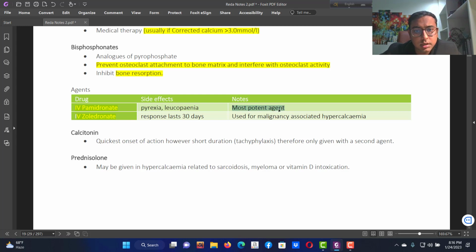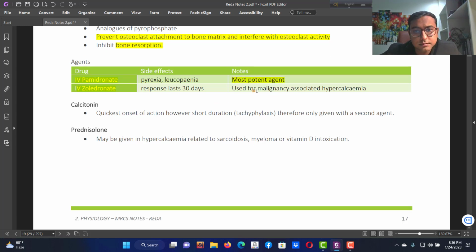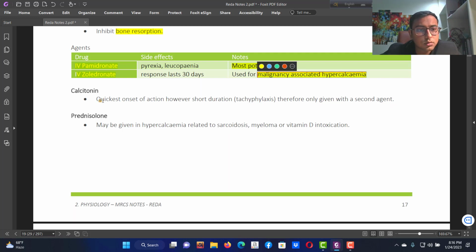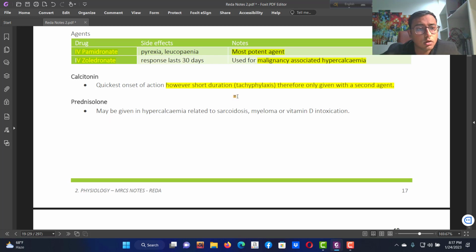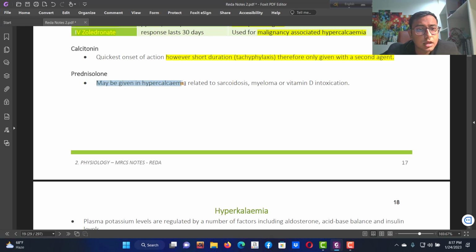The most potent agent is pamidronate. In malignancy-associated hypercalcemia, they use zoledronate. Calcitonin acts quickly, however the duration is short, therefore it is only given as the second agent. It is not the first agent because it is short acting, not long. Prednisolone may be given in hypercalcemia related to sarcoidosis. I already told you that in case of sarcoidosis there is administration of steroid.